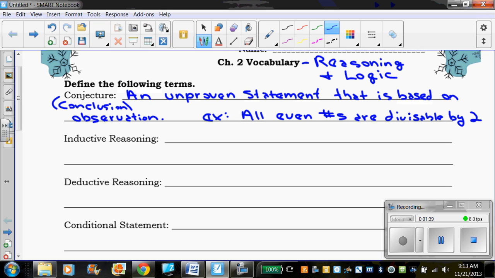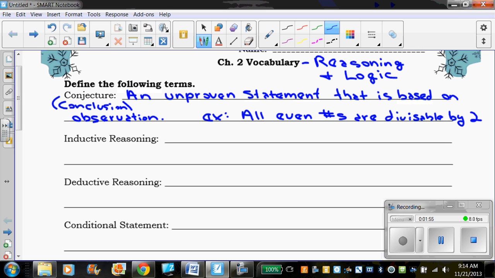Inductive reasoning is a process that includes looking for patterns in making conjectures. So for instance, we do this in math a lot. We try to find patterns and then come up with the next kind of answer in that pattern.